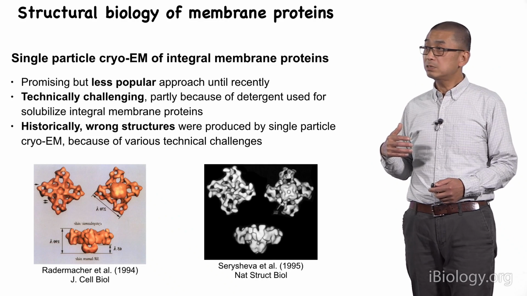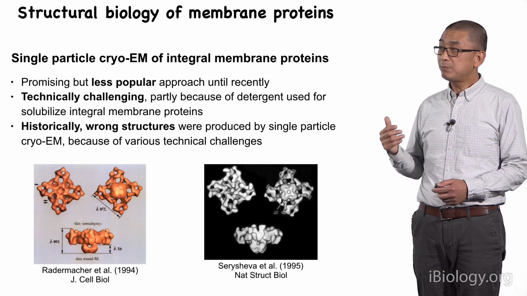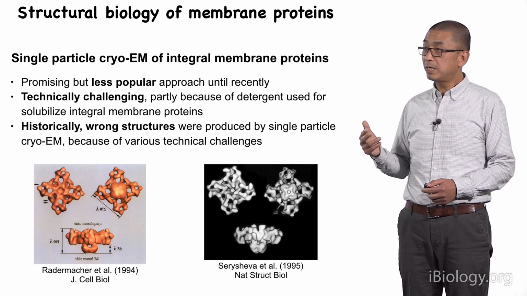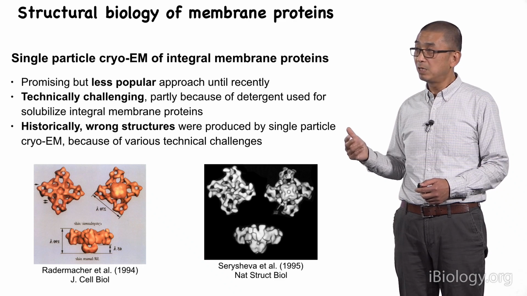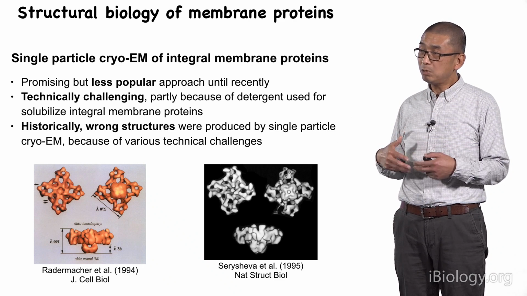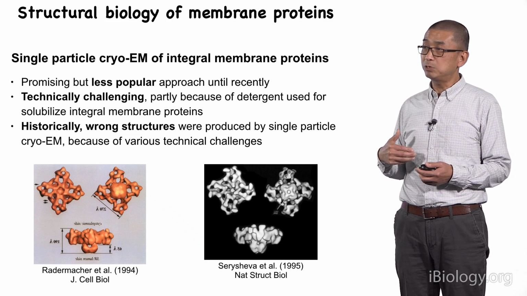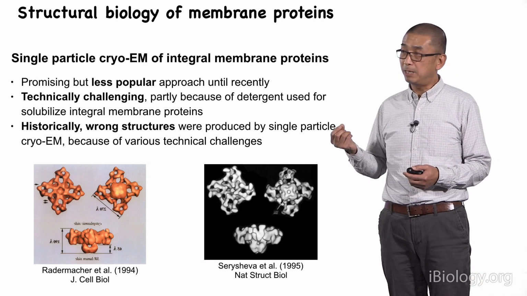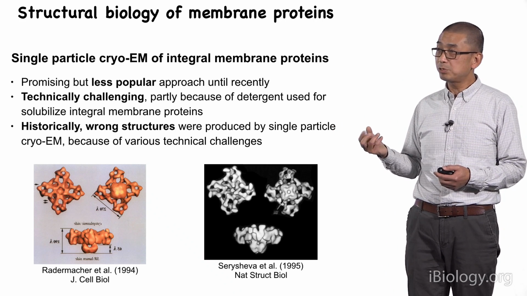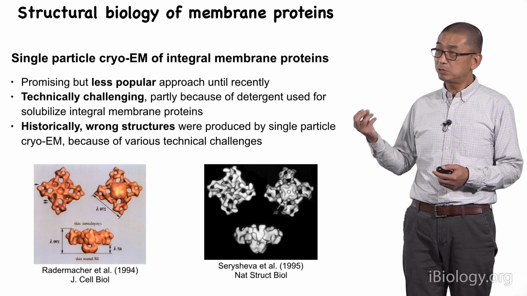This is a promising approach, which was demonstrated very early on in the 1990s by Joachim Frank's lab and Elena Orlova, who used the single particle EM approach to study membrane proteins, in this case the ryanodine receptor, at low resolution, showing the correct overall shape of how this molecule looks.